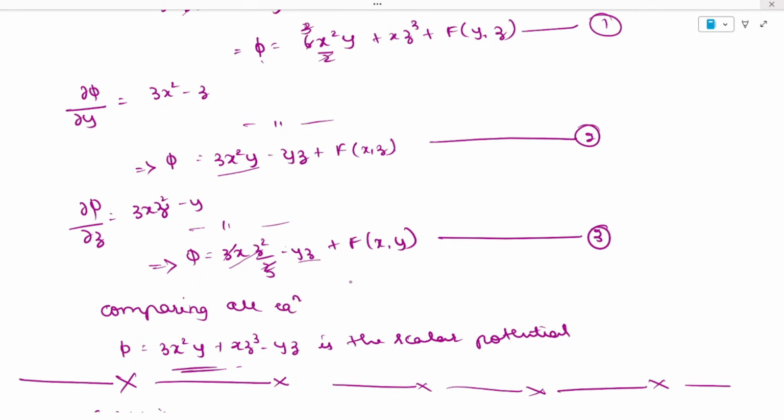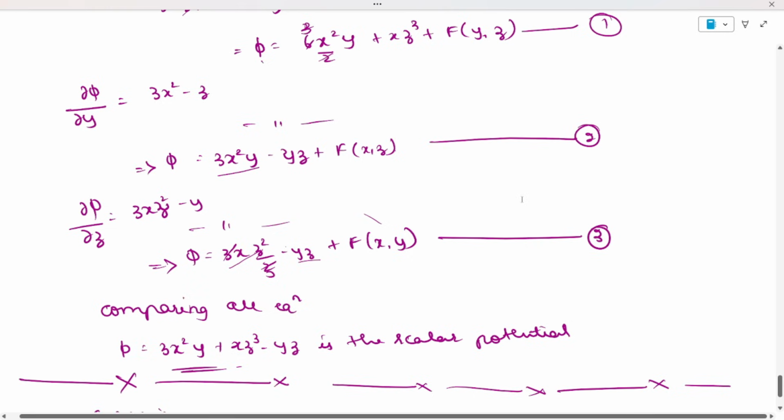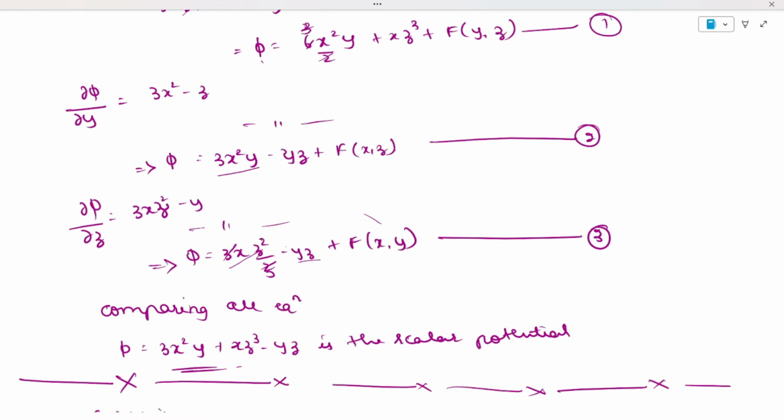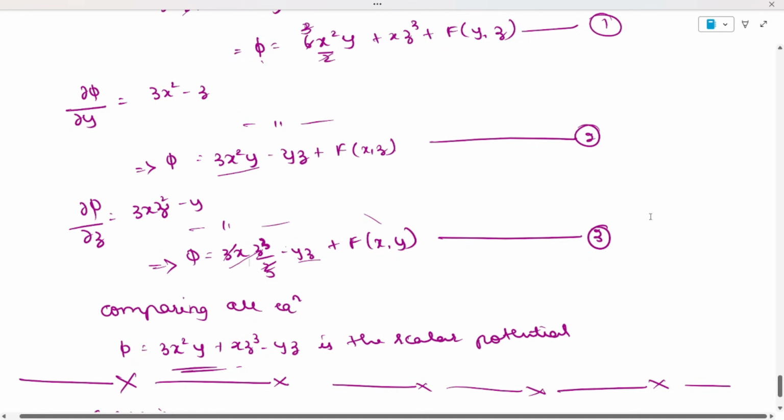Next is minus yz. It is the scalar potential. You have to compare all of that. This should be z cube divided by 3. Now x z cube also you will get.